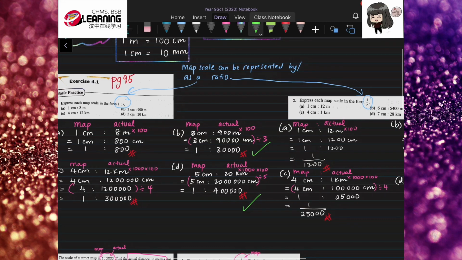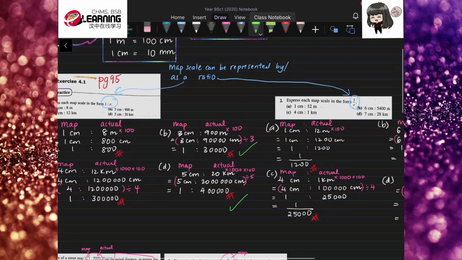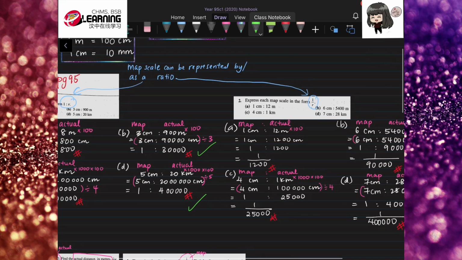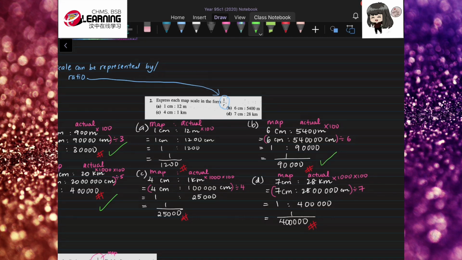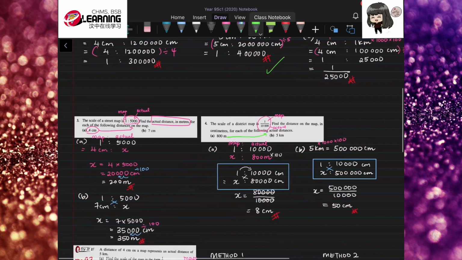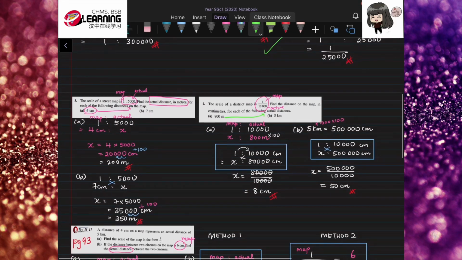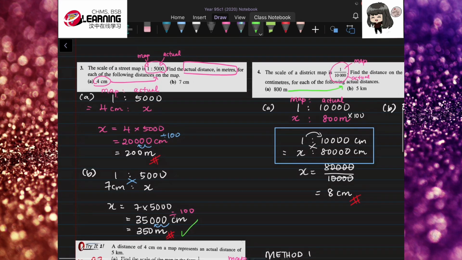If there's any mistake, you can pause this video and do the correction first before you continue to the next question. For number 2B, 1 over 90,000. 2D is 1 over 400,000. Please tick. Then number 3B, the answer is 350 meter.